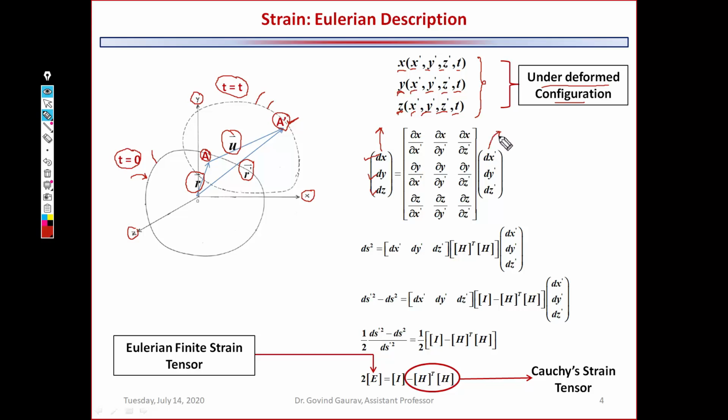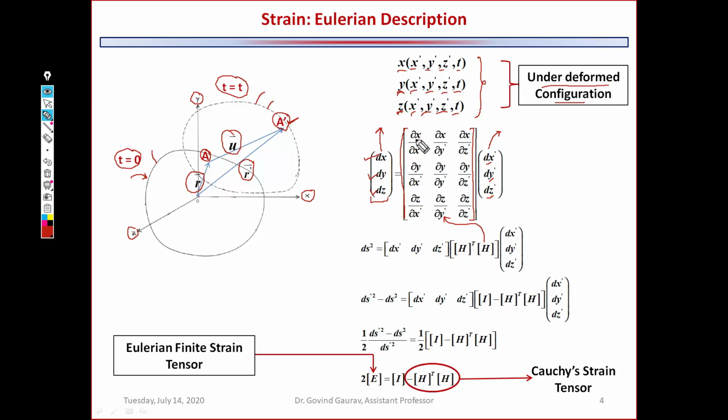The deformed configuration would be in the form of dx dash, dy dash and dz dash, and the undeformed configuration would be in the form of dx, dy and dz. This one is a matrix which is the displacement gradient matrix. The notation for this displacement matrix is given by the term H matrix.